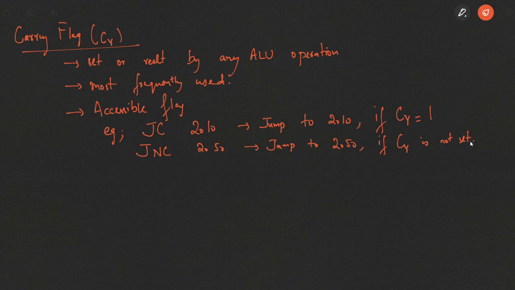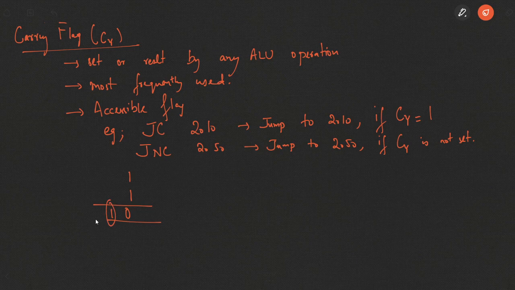So when is the carry flag set? When any arithmetic or logical operation, basically, for example, we are doing a simple sum of two binary numbers. This will result in 1 and 0. So this 1 will set the carry flag. The carry that is generated here will cause the carry flag to set.